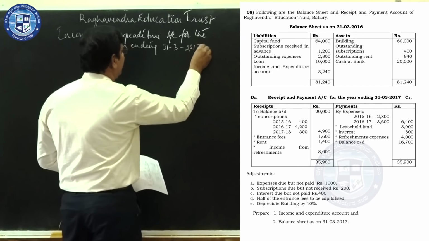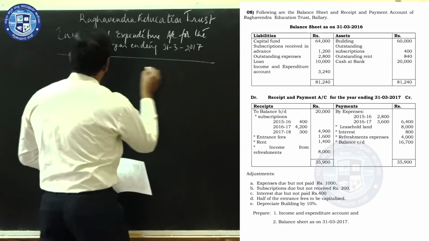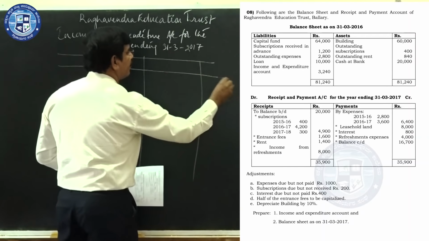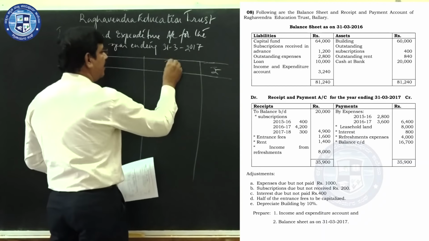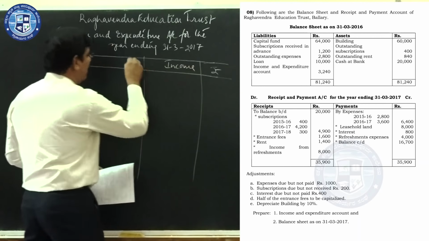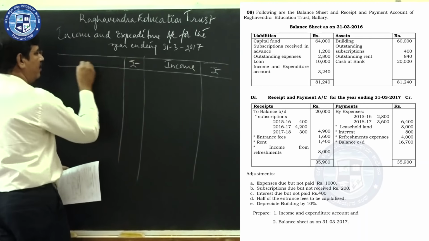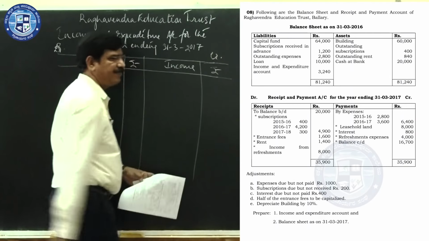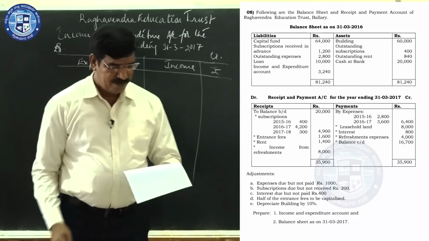So 2017 is the current year. Draw the columns. On the right hand side income, on the left hand side expenditure, and debit as well as credit. Okay, now let's start with the problem.